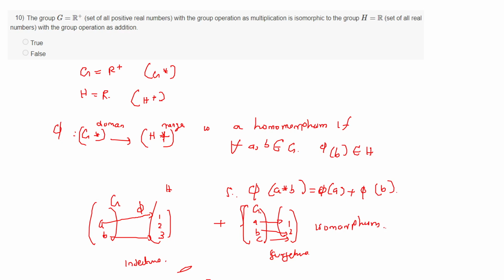Now what we can say is that a logarithmic mapping can exist between the groups G star and H plus.